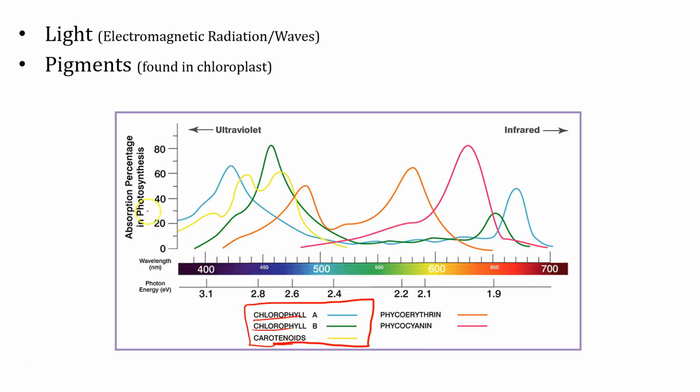So what you're seeing on this graph is how much percentage of the light is absorbed by the pigment. If you take a look, chlorophyll B, a big one that's in plants, is going to absorb pretty much anything in this 450 to 460 range.